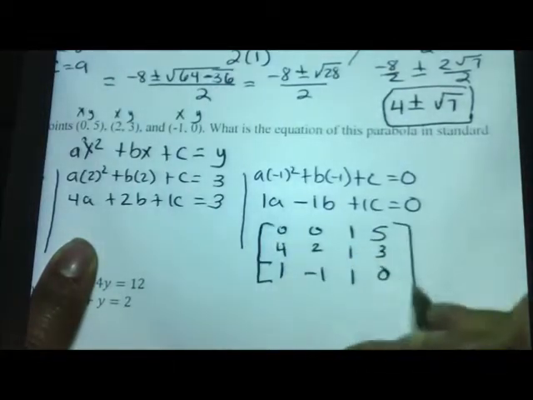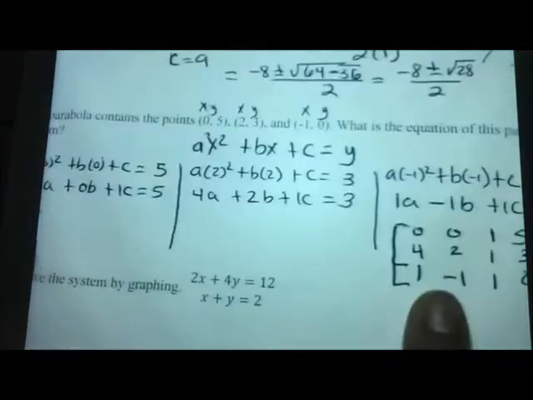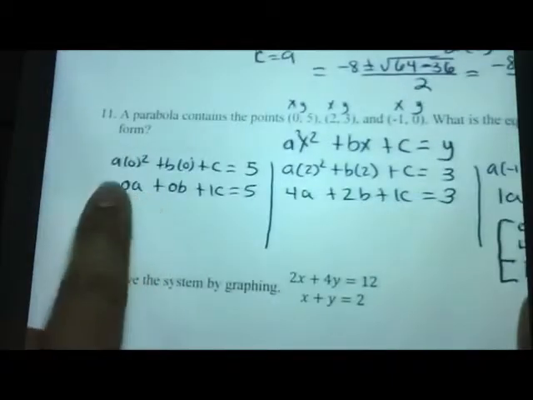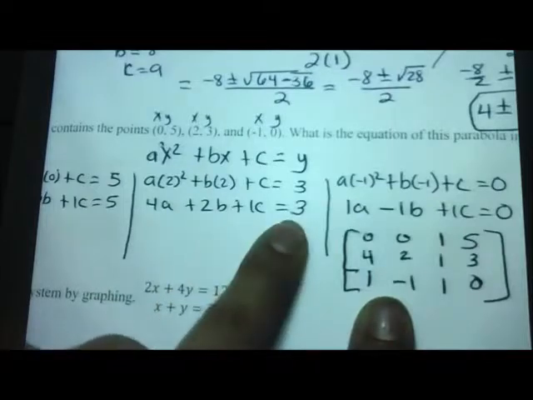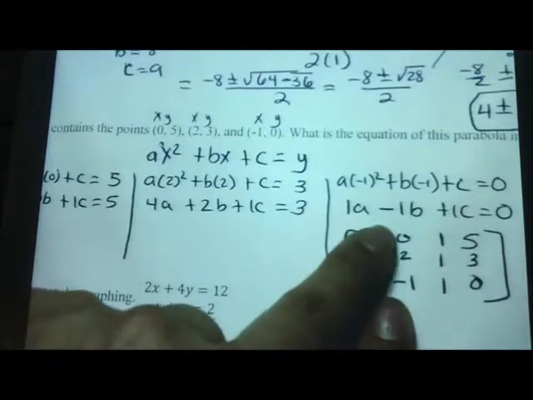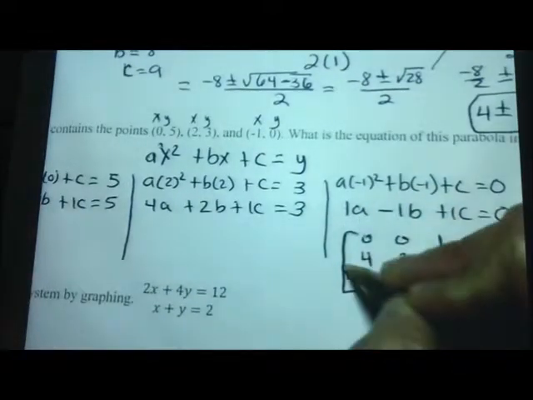So where am I getting these numbers from? From here: 0, 0, 1, 5, 4, 2, 1, 3, 1, negative 1, 1, and 0.